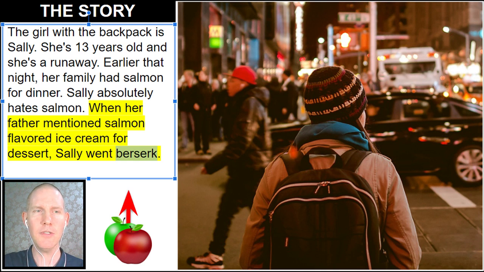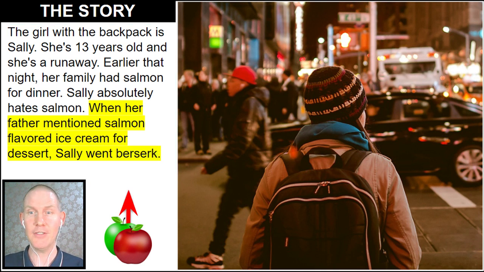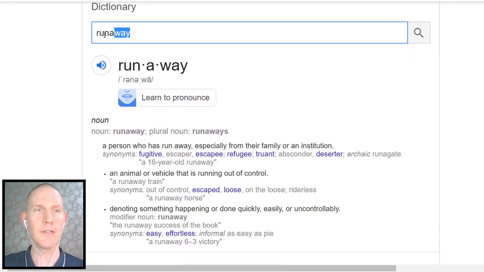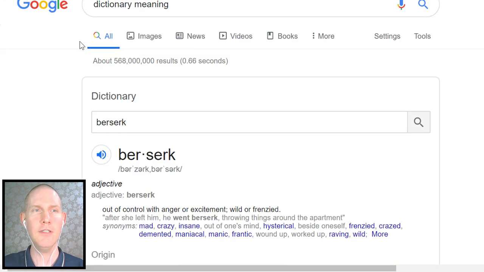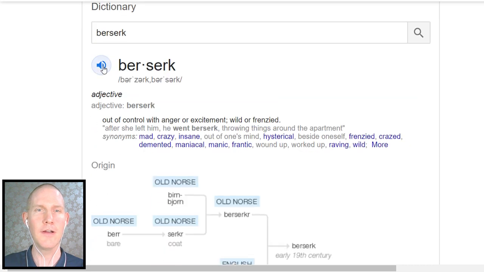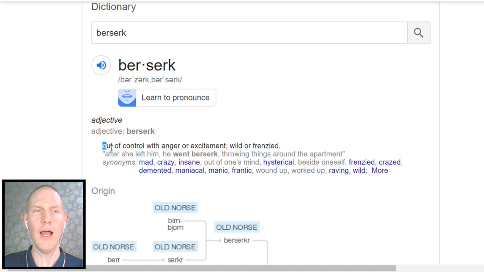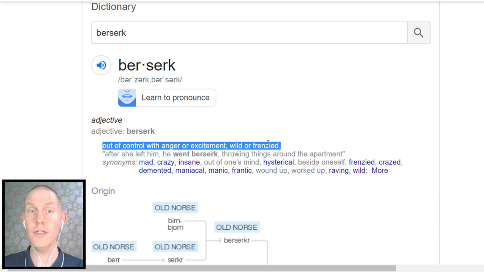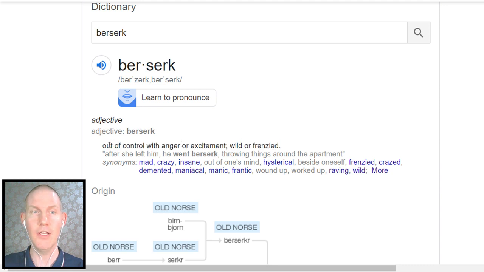What does berserk mean? I think it's worth looking for in the dictionary. Here we go. Berserk. Interesting word. Okay, it means out of control with anger or excitement, wild or frenzied. So we're out of control. It's like you're going crazy.